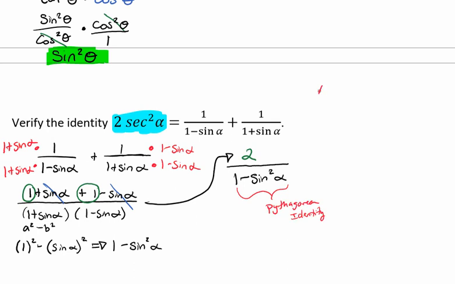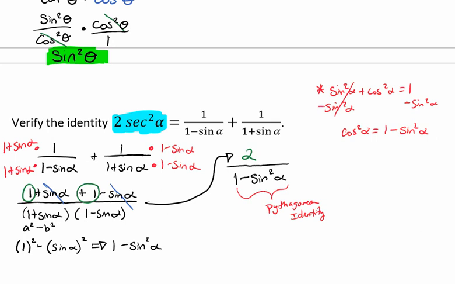Our Pythagorean identity is that sine squared of alpha plus cosine squared of alpha equals 1. So if we subtract the sine squared of alpha from each side, that's going to tell us that the cosine squared of alpha equals 1 minus the sine squared of alpha.